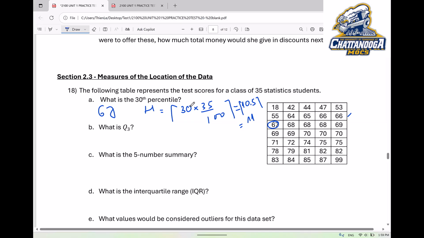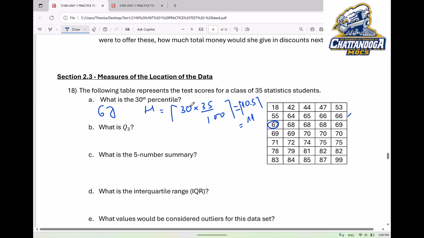Using 75 times 35 divided by 100. But because in any case you need to find the five-number summary, I believe it's a good idea to just plug it into your calculator, right? This way you can get the accurate value. You can do it manually for sure, but I would not recommend it, especially in the test room, where you have a time constraint, right?